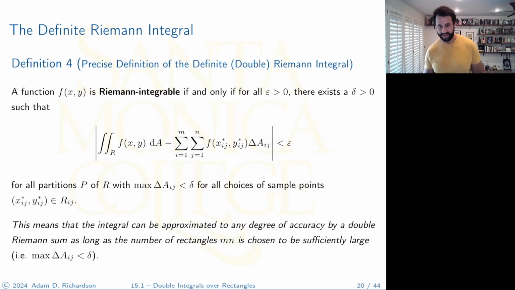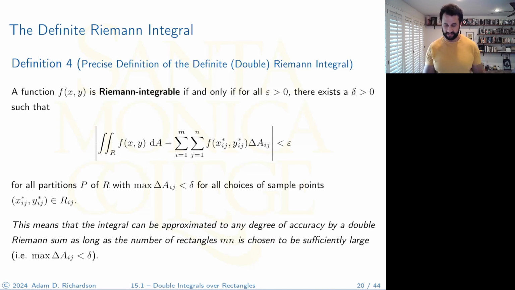Whew. Oh my gosh. All of this is a mouthful, so let's make it a little more intuitive, because I know there are a lot of symbols flying around. Intuitively, it's saying that the integral can be approximated to any degree of accuracy by a double Riemann sum as long as the number of rectangles m times n is chosen to be sufficiently large, or in other words, the largest area is less than delta.